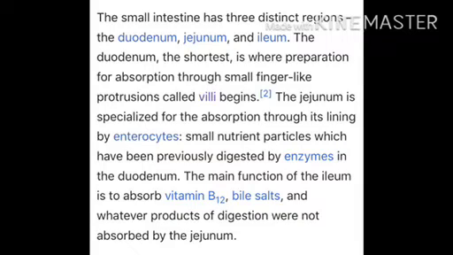The jejunum is specialized for absorption through its lining by enterocytes, of the small nutrient particles which have been previously digested by enzymes in the duodenum. The main function of the ileum is to absorb vitamin B12, bile salts, and whatever products of digestion were not absorbed by the jejunum.